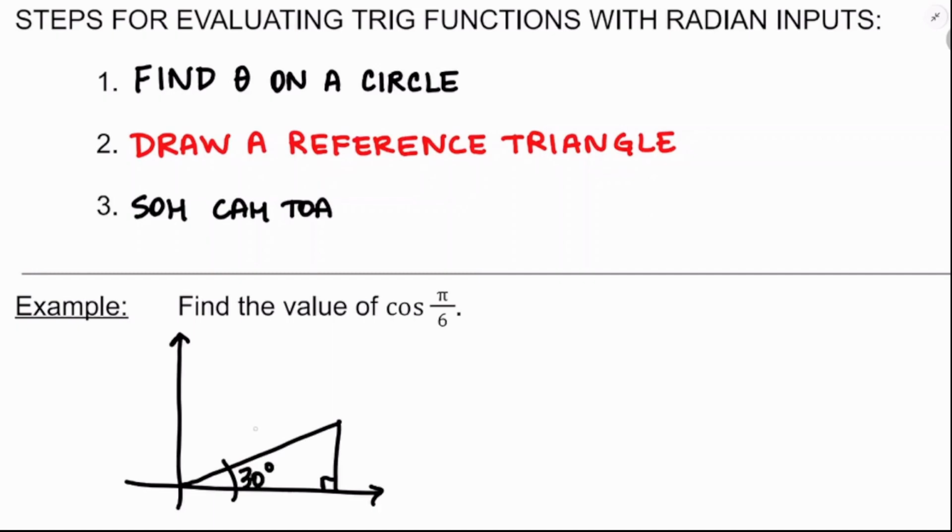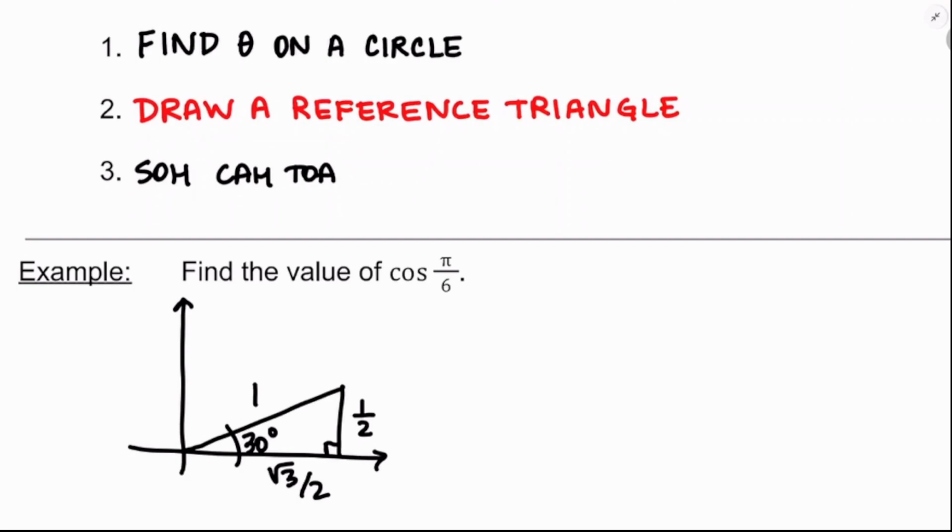We are labeling our reference triangle. Hypotenuse always 1. It's 30, 60, 90, so the short leg is a half, and the long leg is root 3 over 2. Then we do SOHCAHTOA. Cosine of pi over 6 is going to be adjacent over hypotenuse, and so that's going to equal square root of 3 divided by 2.